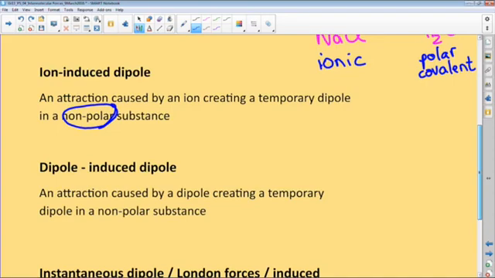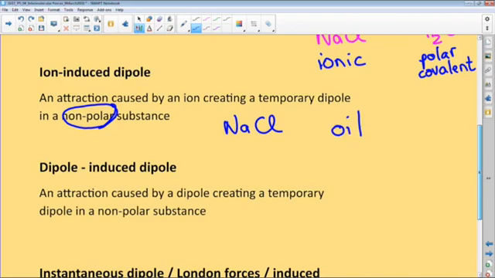If I put a substance like NaCl into a non-polar substance, let me just go with oil. I'm not going to give you the chemical formula for it because there are lots of different ones, but what I want to show you is this.